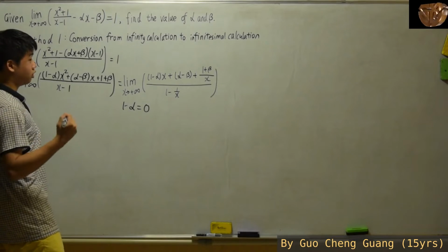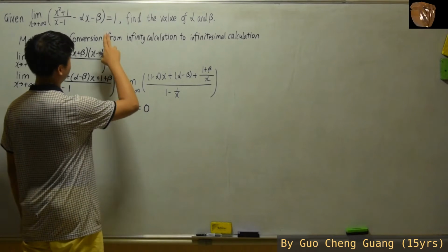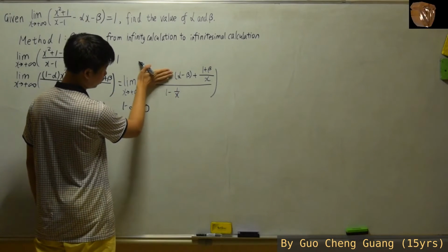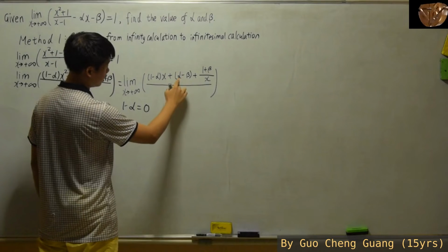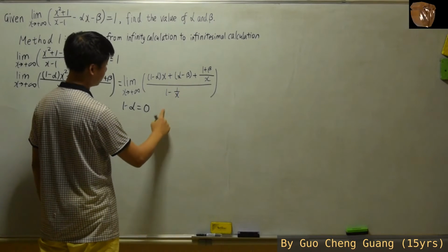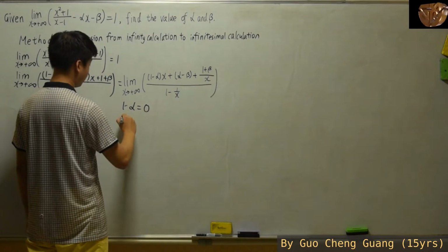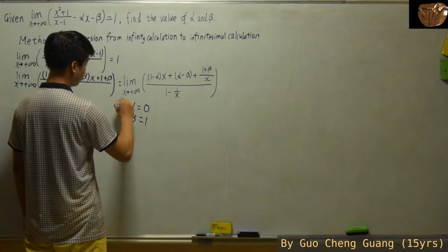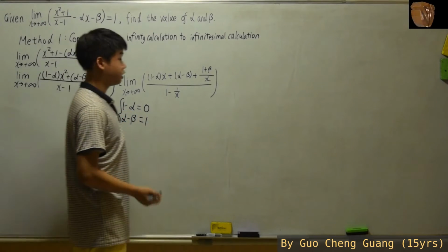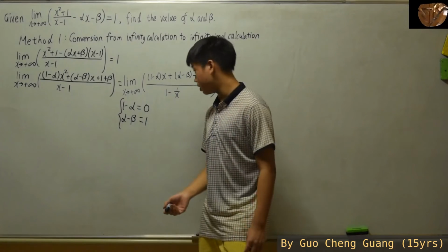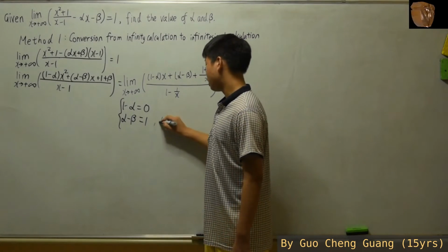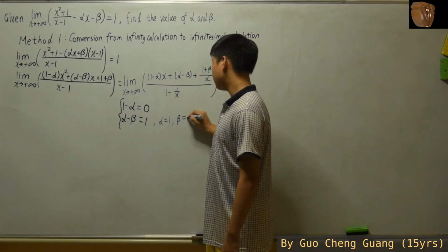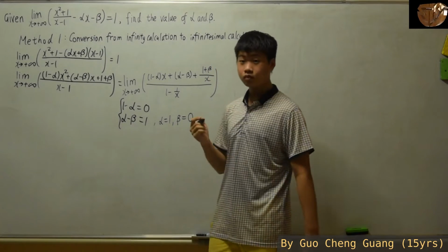And the next, of course, will be your final result, where you realize after you remove this term, it will just be alpha minus beta over 1, which is alpha minus beta. So alpha minus beta needs to be equal to 1. And you get this simple set of simultaneous equations, where since alpha is equal to 1, beta will be equal to 0.